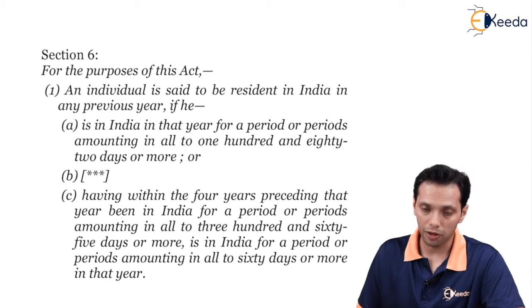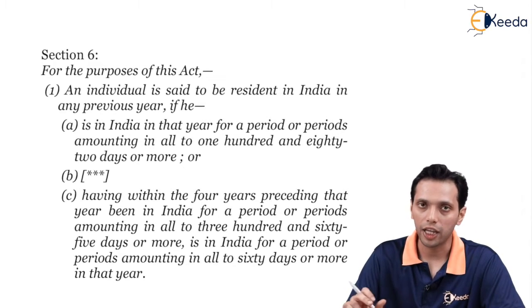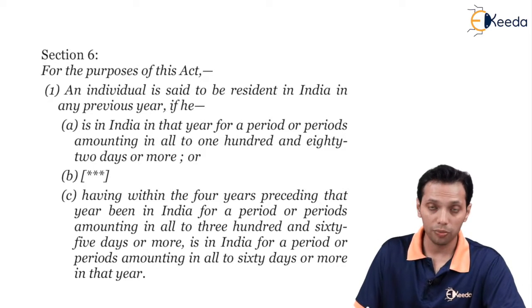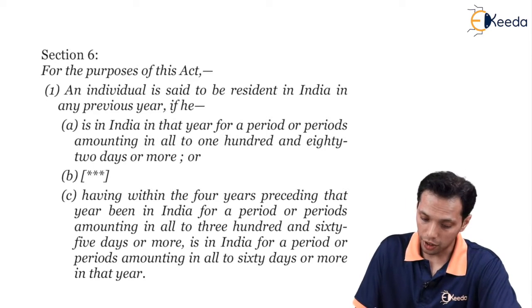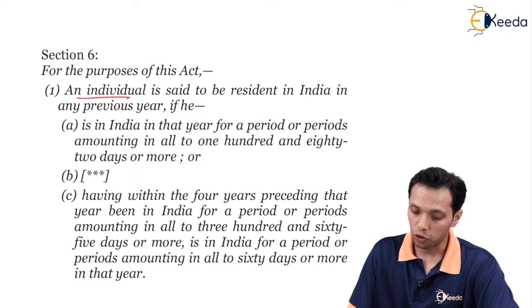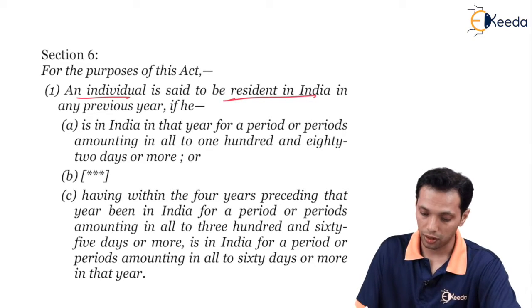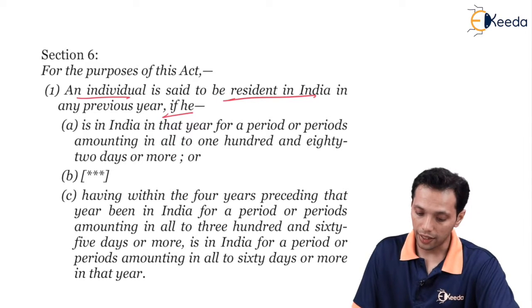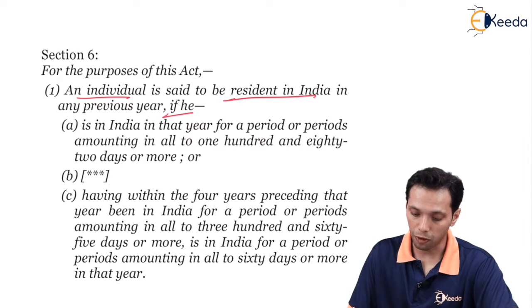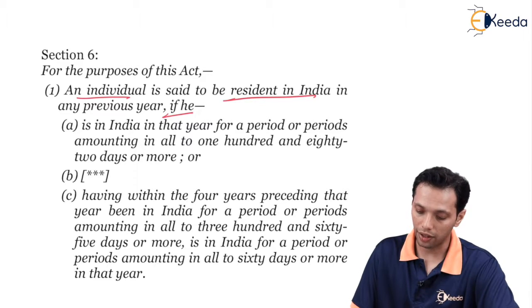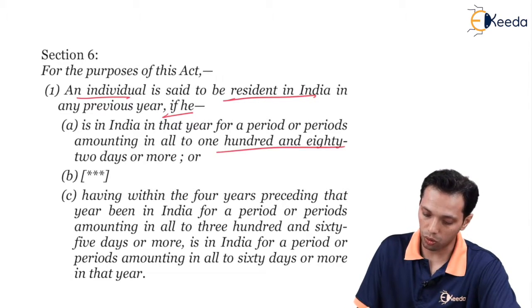You will be reading word by word, and I will be highlighting the important words. For the purpose of this Act, an individual is said to be resident in India in any previous year if he is in India in that year for a period or periods amounting in all to 182 days or more.